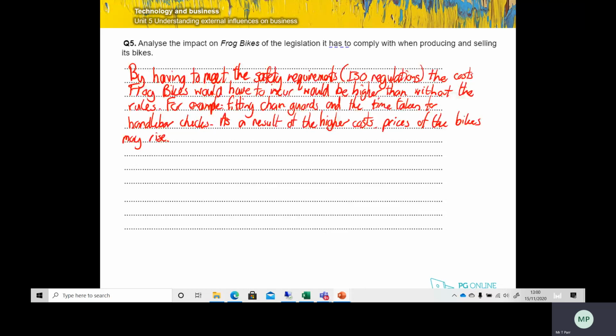So what could this lead to? If the price of your bikes is going up, are people going to pay? The prices for a small business like Frog Bikes are going to be higher than some of the larger producers. Think about a company like Raleigh or Giant or Trek. These are big manufacturers of bikes, so they can keep the prices low, whereas a small manufacturer means the prices are going to be slightly higher.